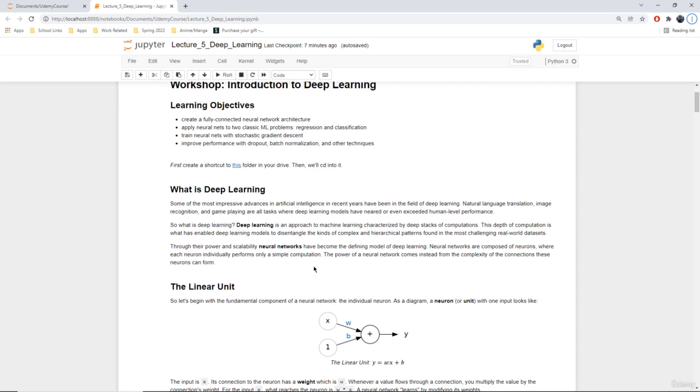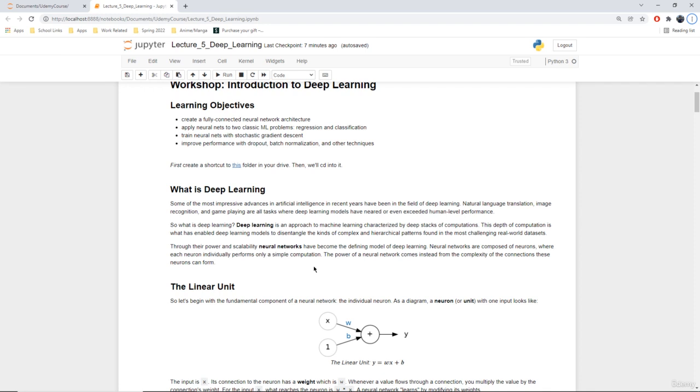Both of these are deep learning models. And these are really revolutionary in the sense that they have exceeded human level performance in these very complex domains.